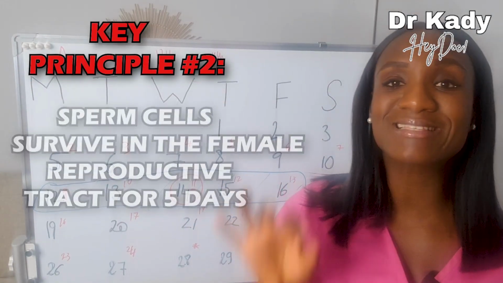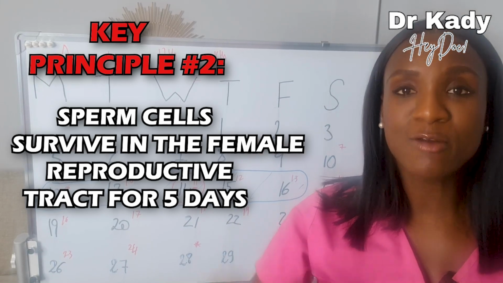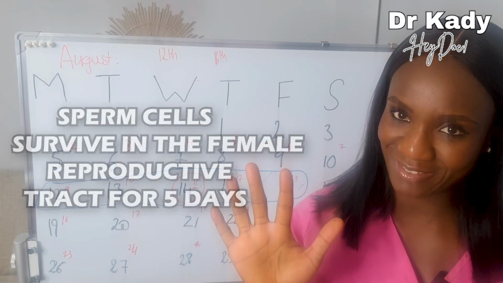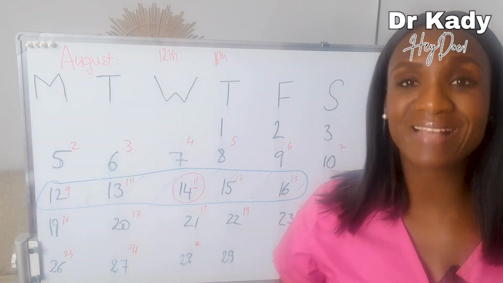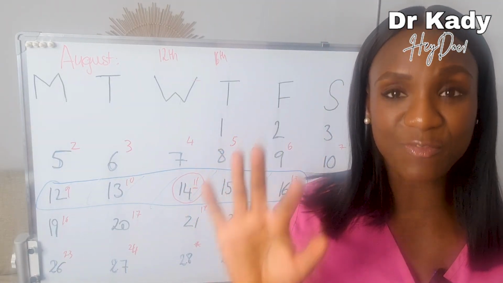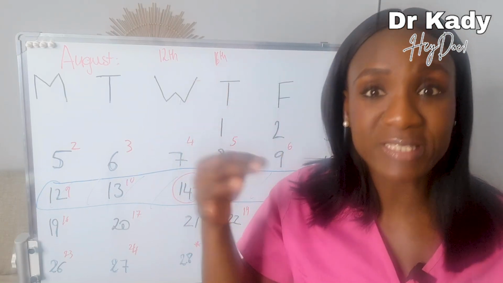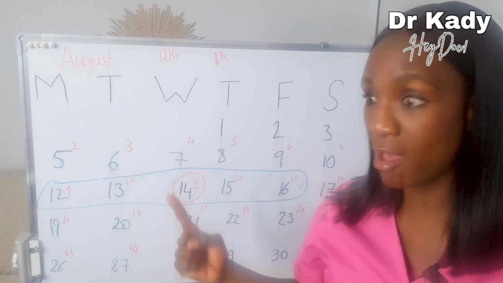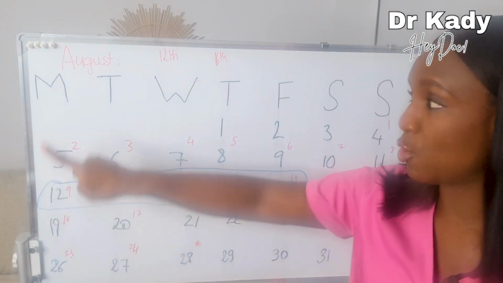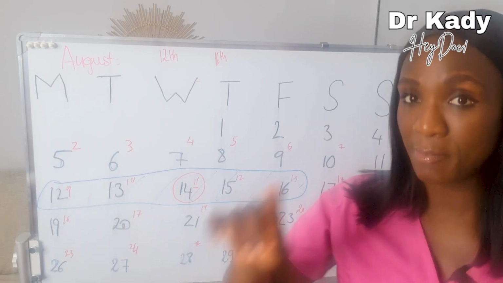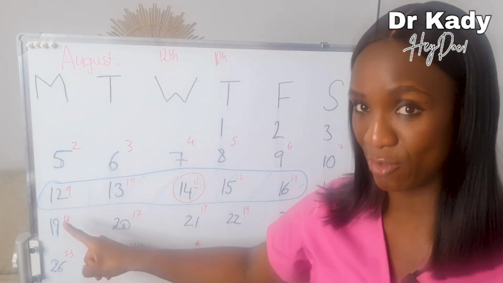That principle is that sperm cells can survive in the female reproductive tract for 5 whole days. So if this lady that we're using in our example has sex 5 days before the earliest day that an egg could possibly be released, which for her in this example is going to be Monday the 12th of August, the 9th day of her cycle.